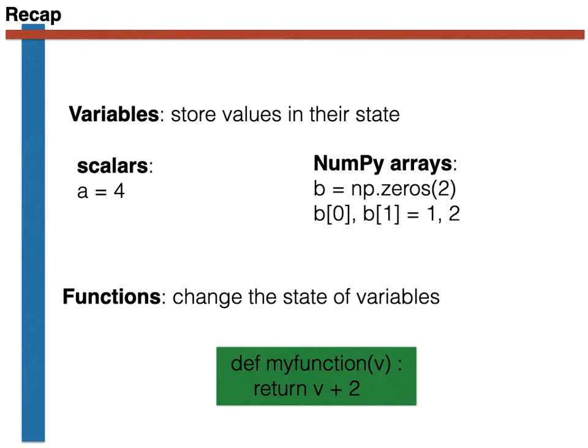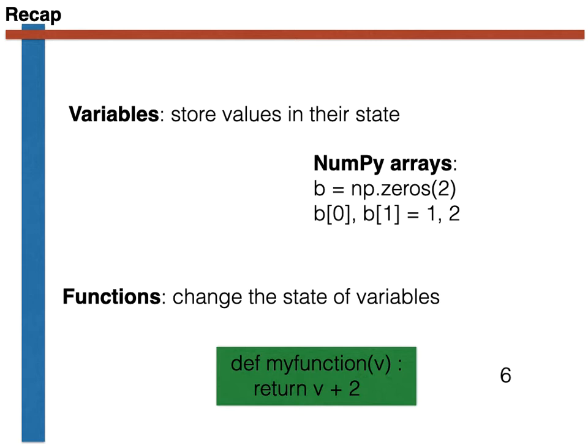The function will then do its thing and will return one or multiple values, which can be stored in the state of a new variable or variables. Thus far, the functions we have focused on take scalar values in input as shown here and operate upon them. The question we would like to answer in this video is what happens if a function takes a numpy array in input.